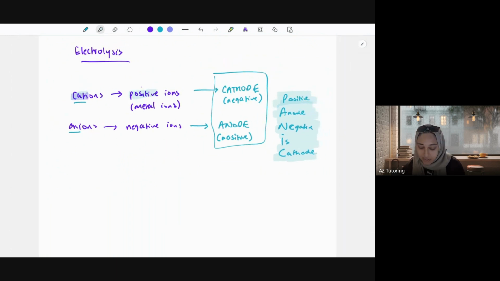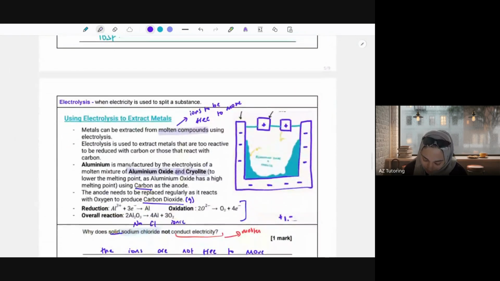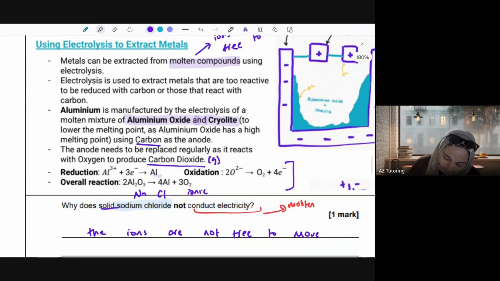Okay, now another concept. If the metal ions, let's say in the example that we had up here, the aluminium 3 plus is becoming aluminium, which we can see here. So the ion, which has lost 3 electrons, is becoming an aluminium atom, gaining those 3 electrons back.